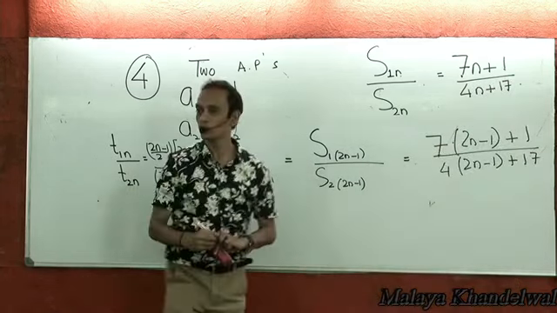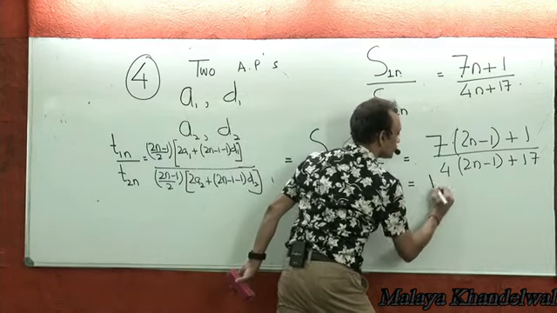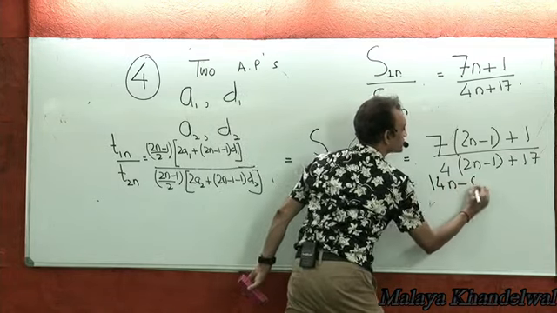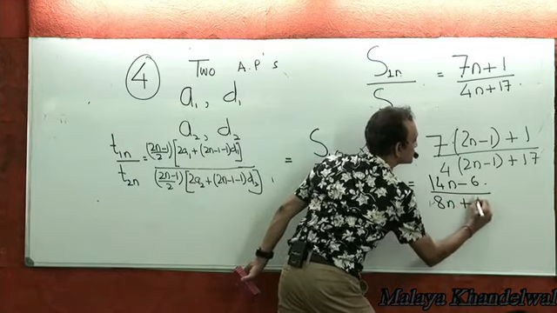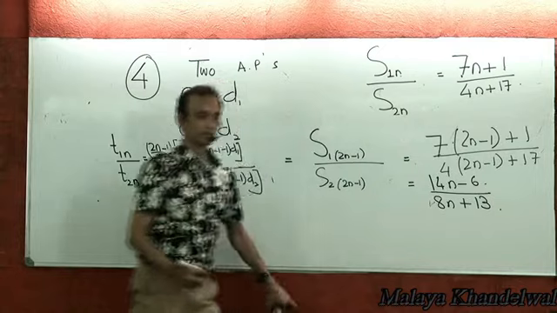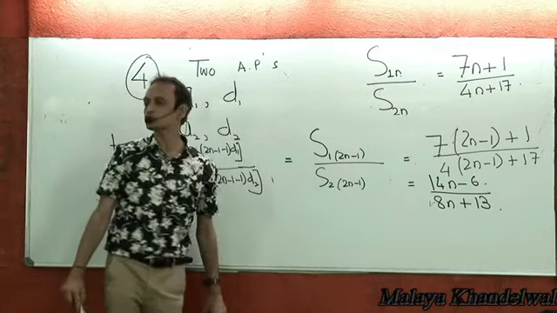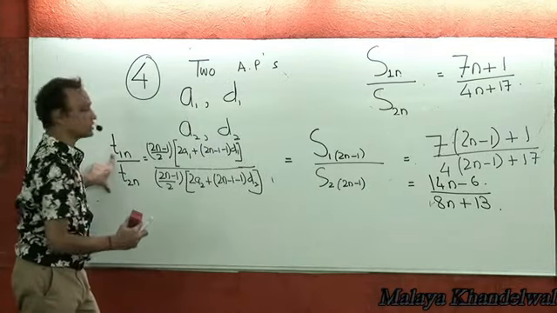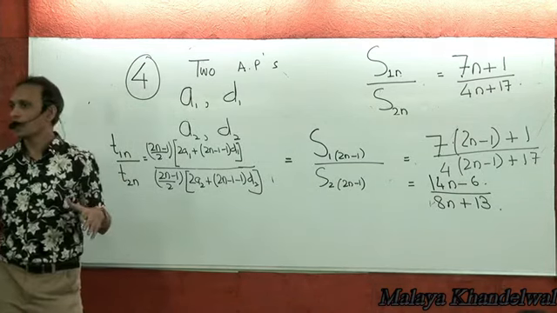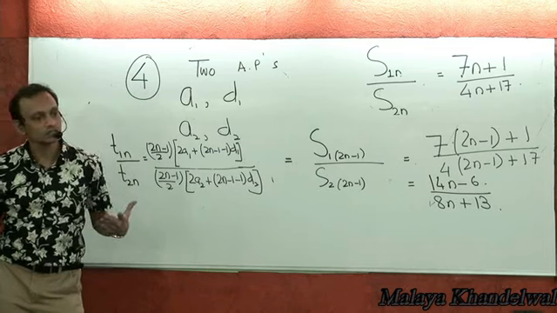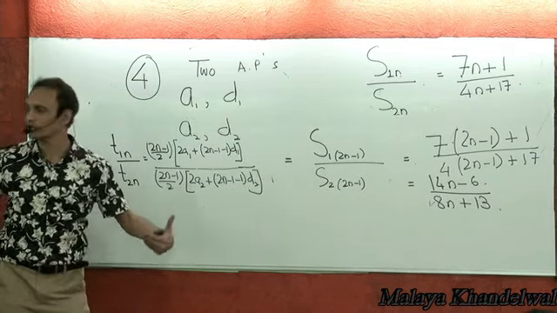Yes or no? Which is like (14n minus 6) divided by (8n plus 13). Clear? That's going to be the ratio of the nth term of the first AP to the nth term of the second AP. Are you all fine with this? Time to move to the next problem then.